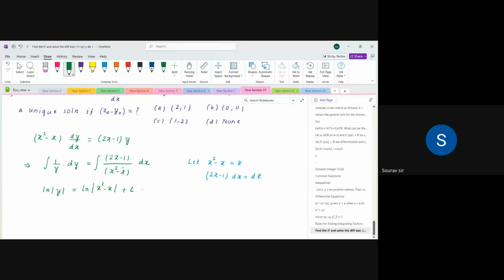And just to get this equation in a little bit cleaner form, instead of writing c, I can write this as log of c, correct? So if I do this, it will become log of mod y is equal to log of mod (x squared minus x) into c. So that means your y is equal to (x squared minus x) into just c, correct?